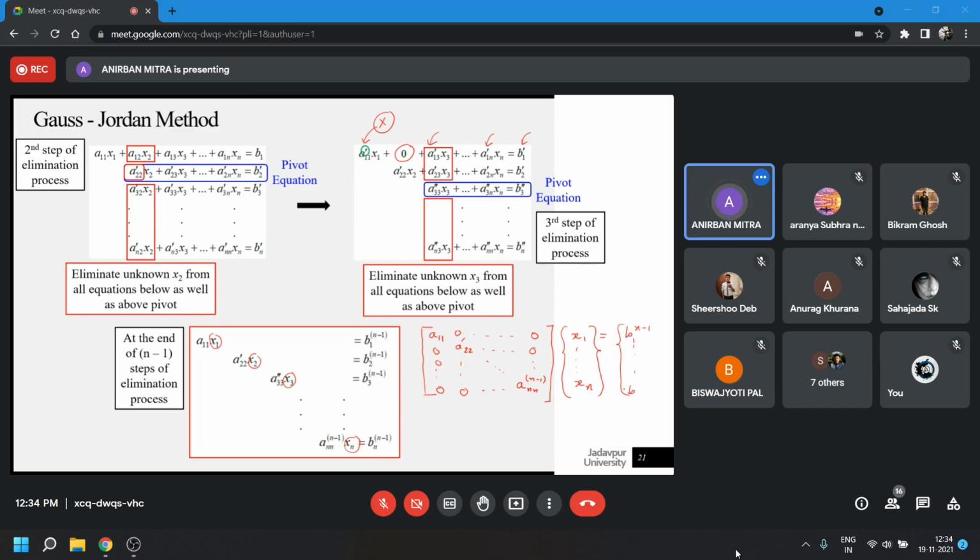This is b1 n minus 1, this is bn n minus 1. Again, n minus 1 is not a power, but it represents how many times this right hand side constant has been modified. So as only this diagonal is present here, this is known as the diagonal form.